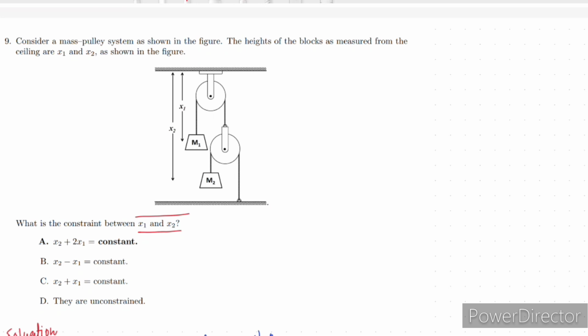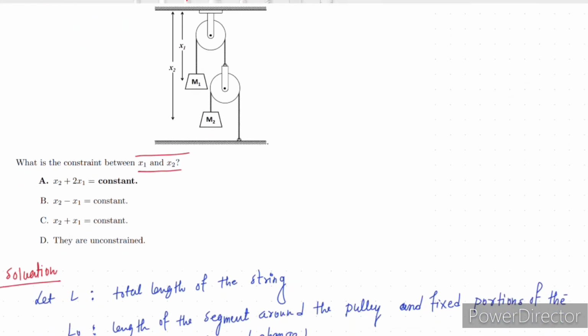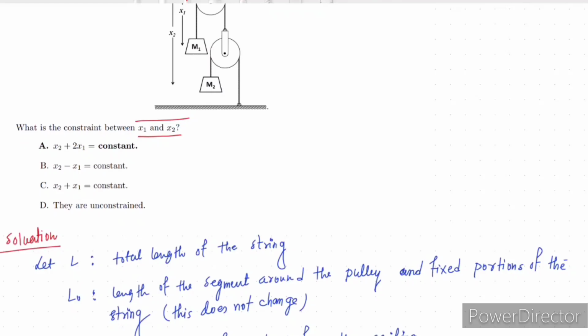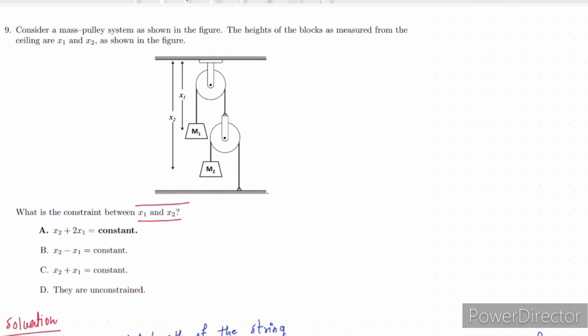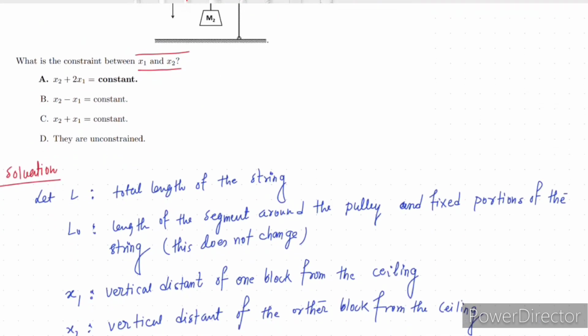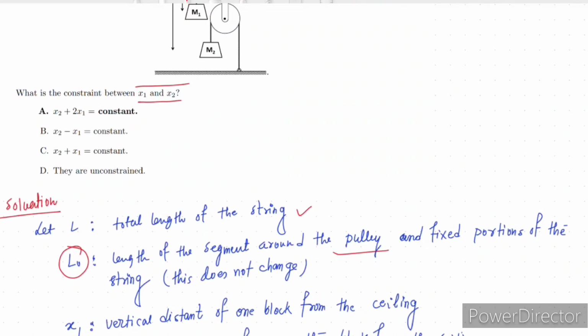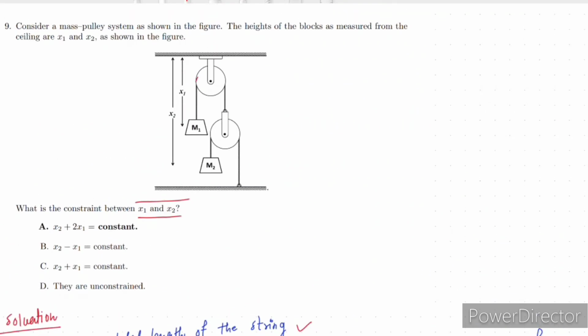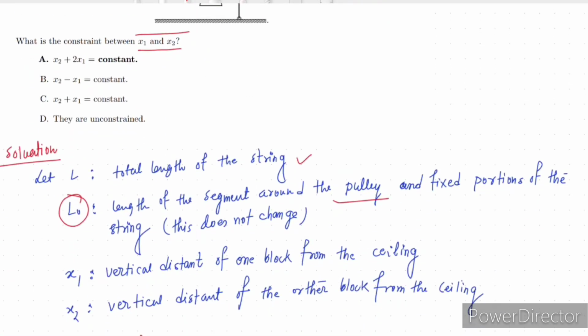So here we find the constraint between x1 and x2. First of all we assume the total length of the string being used here is capital L. And L0 is the length of the segment around the pulley and the fixed portions of the string.